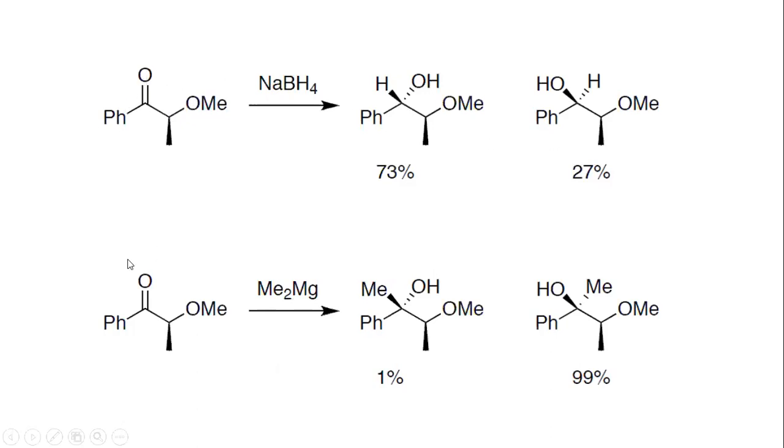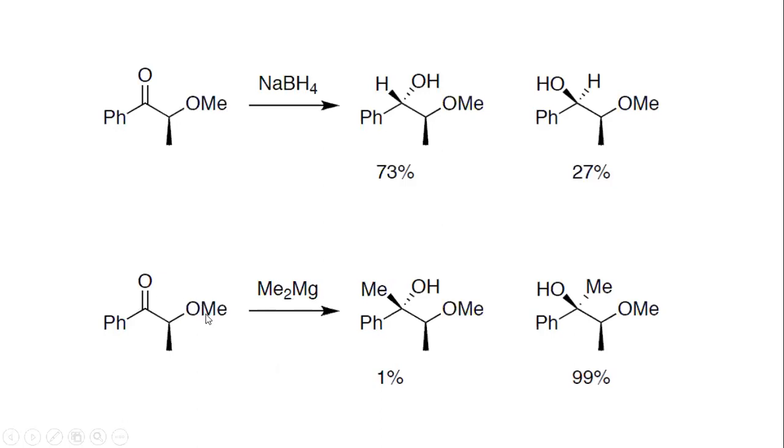Then predict the products. In this case, we have the alpha chiral center and a heteroatom. In this case also we have Mg2 plus. This Mg2 plus is a chelating metal ion. Now, how do we write our Newman projection? In the Newman projection, this larger substituent OMe and the carbonyl plane are written parallel to each other.